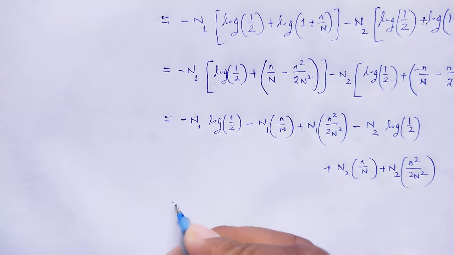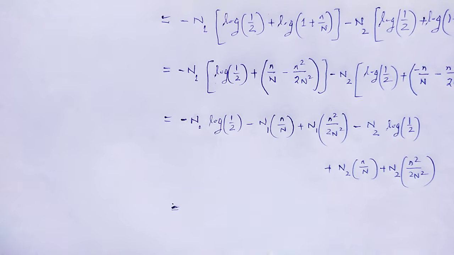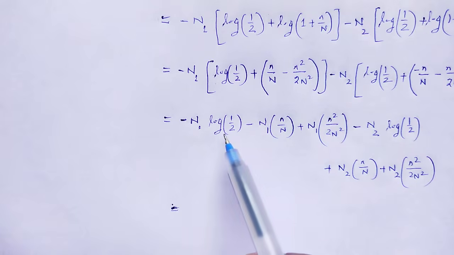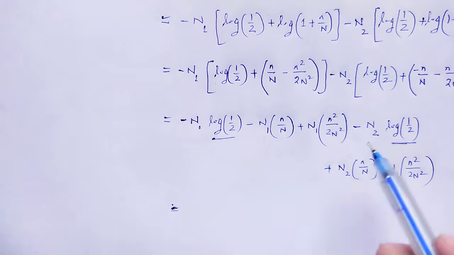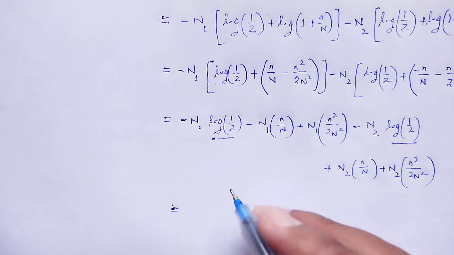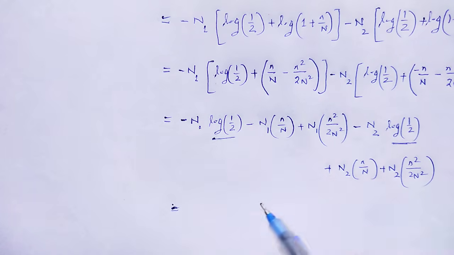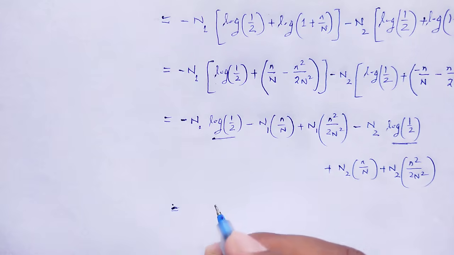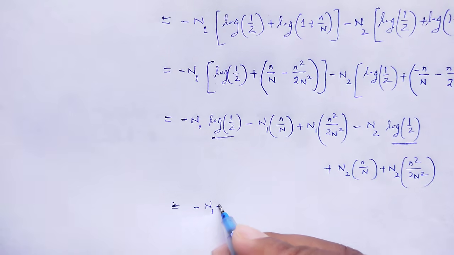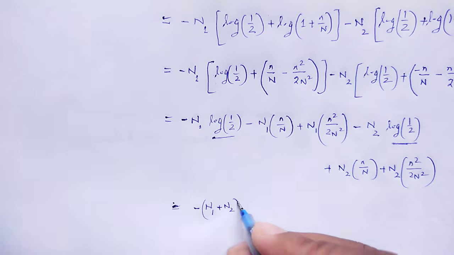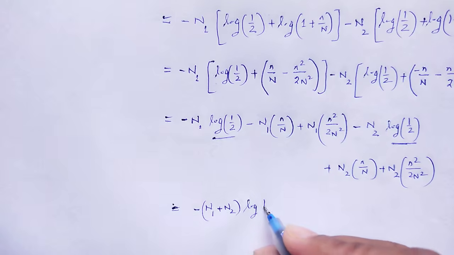Is equal to, here log 2 there log 2. From these two terms log half as common, you obtain minus n1 minus n2, so plus n2 within that bracket log half.